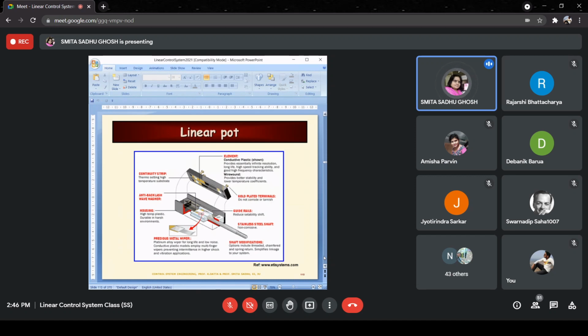Okay, this actually is a photograph which has been taken, not exactly a photograph, but half of it you can say it's drawn like a photograph. It's taken from a website and it shows you the picture of a linear potentiometer. Need not go into too much detail, but it's there with you in case you want to refer to what exactly goes on inside over there.